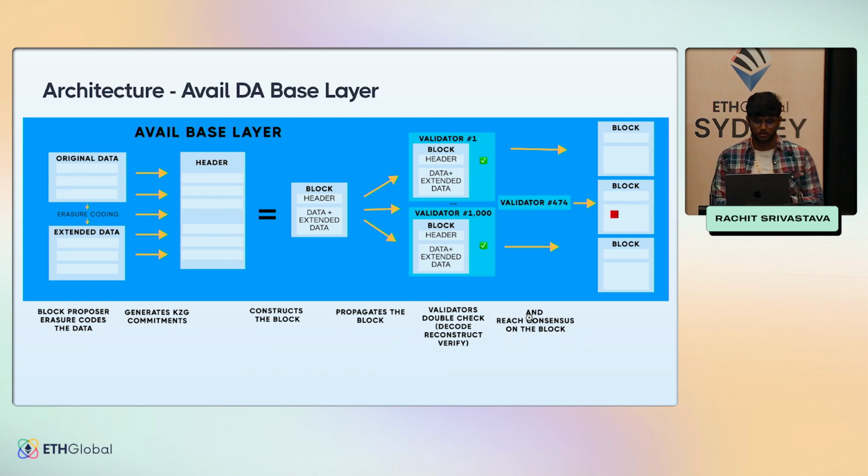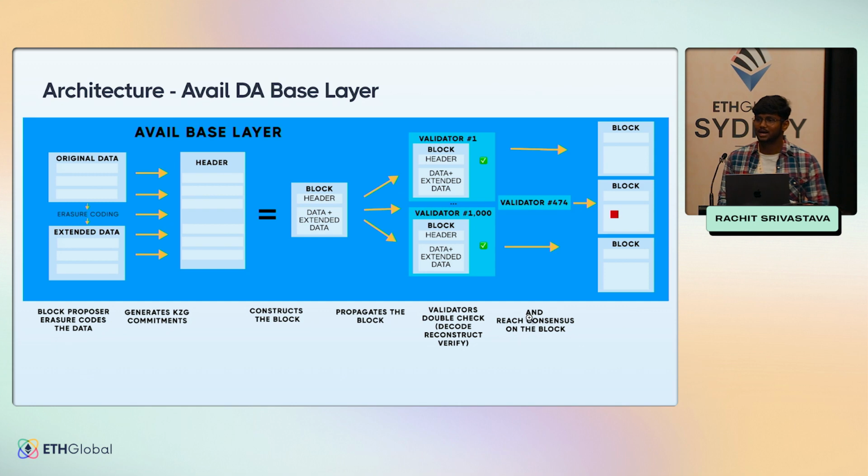This exponentially decreases the ability of someone to corrupt the data you have posted on Avail. As the diagram says, we generate a KZG commitment against it, and then we include it in the header alongside the data and the extended data, and that's what an Avail block consists of. Then this data can be verified by opening the KZG commitment at multiple points.